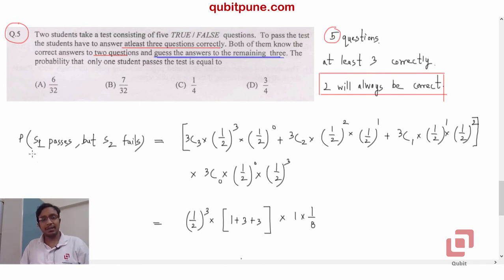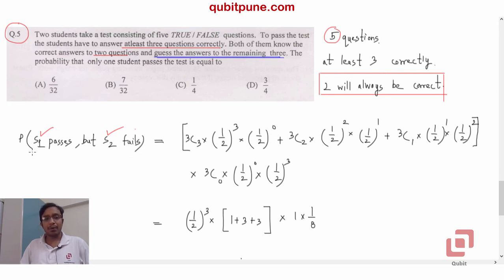So we will find the probability that the first student passes the examination and the second student fails. Now it is very clear here that the student S2 is going to fail whenever he is unable to answer those 3 questions for which he or she doesn't know the answer.